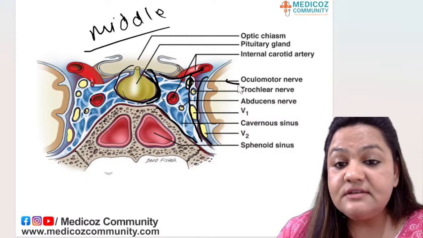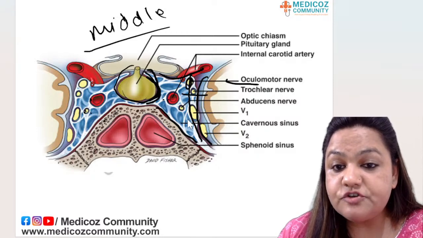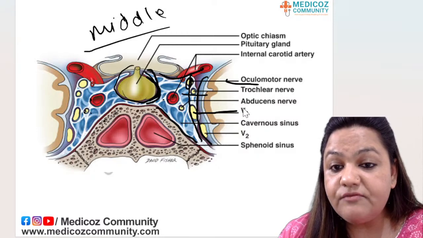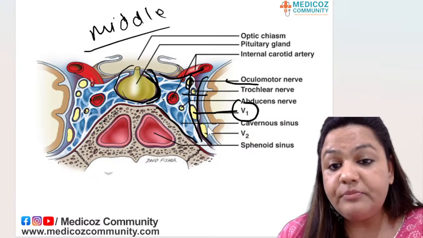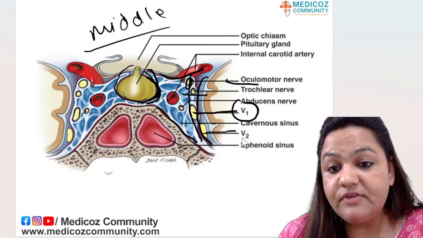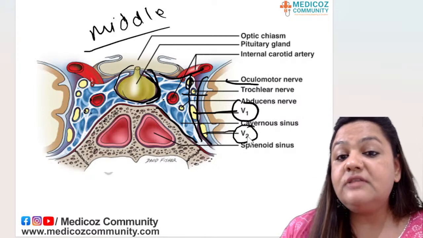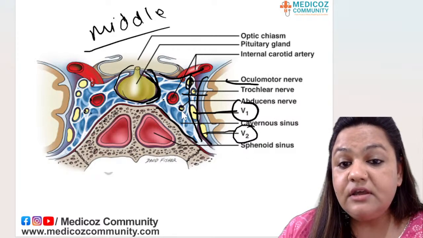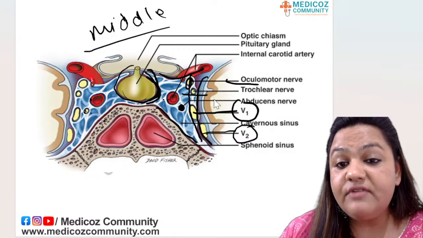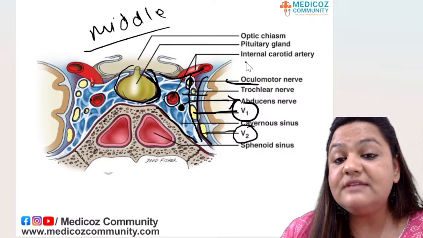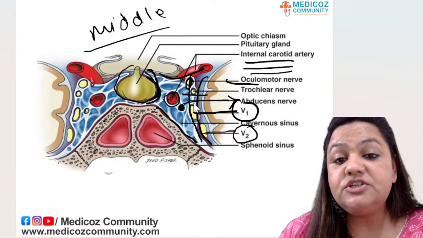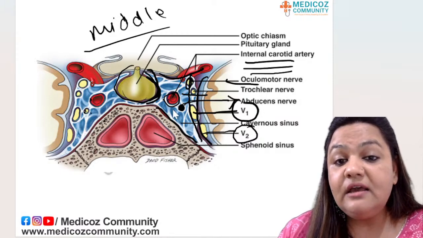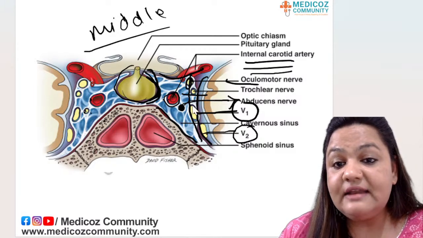Most anteriorly there is the oculomotor nerve, then we have the trochlear nerve, then the first division of the trigeminal nerve, which is the ophthalmic. Then we have the second division, that is maxillary. Then between the walls we have the abducent nerve here. Then we have an artery here which is called the internal carotid artery. So all these nerves are present in relation with the lateral wall and the floor of the cavernous sinus.